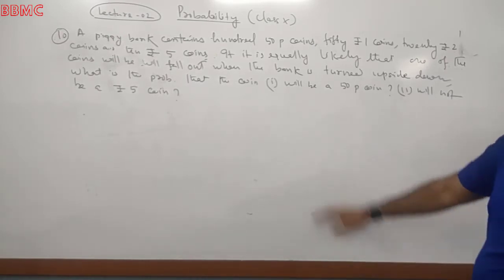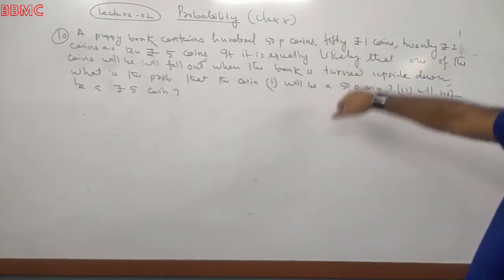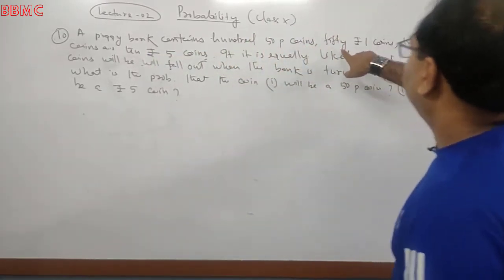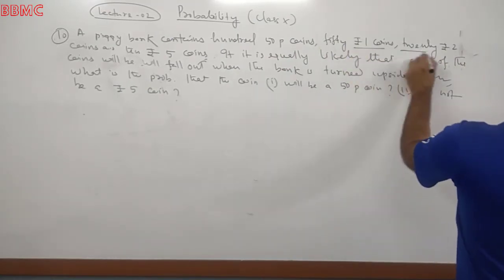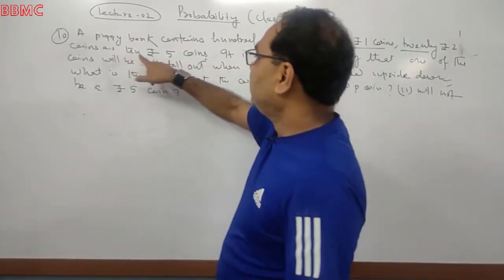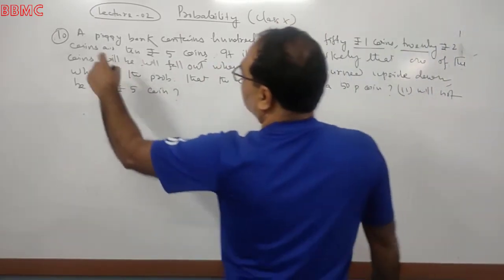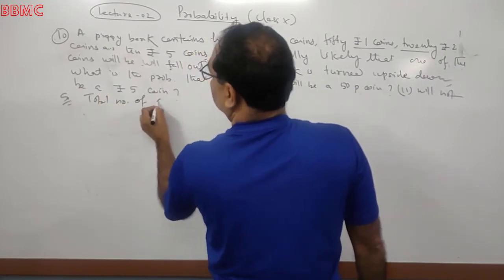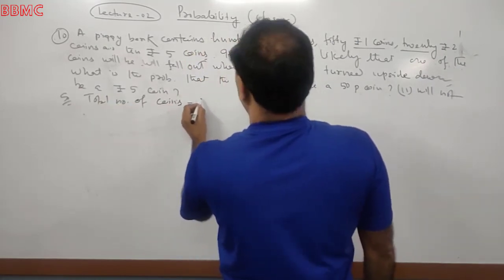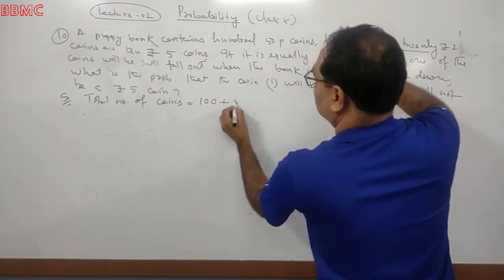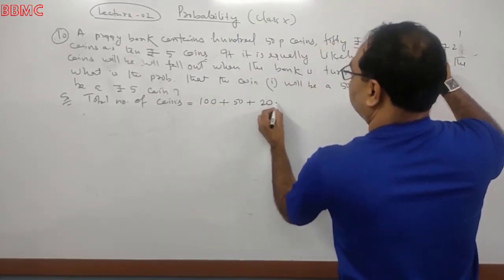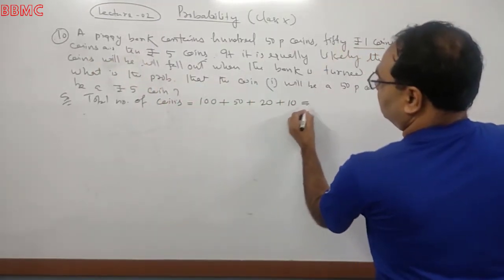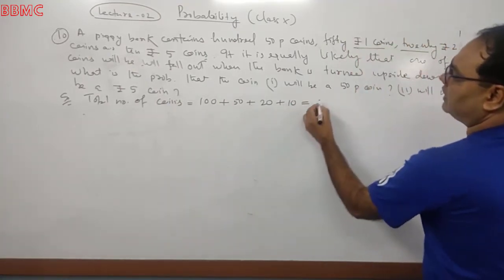This is question number 10. A piggy bank contains 100 coins of 50 paise, 50 coins of 1 rupee, 20 coins of 2 rupees and 10 coins of 5 rupees. From the first line, the total number of coins is 100 plus 50 plus 20 plus 10, which is 180.